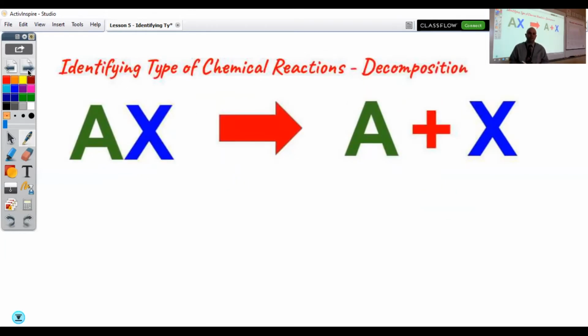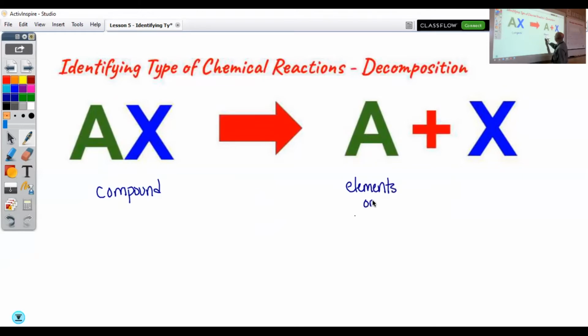Our second type of reaction is called a decomposition reaction. In a decomposition reaction, you have a compound on the reactant side, on the left side of your equation, and that compound breaks down into two or more, could be two, could be three, new products, and those new products could be elements or compounds.